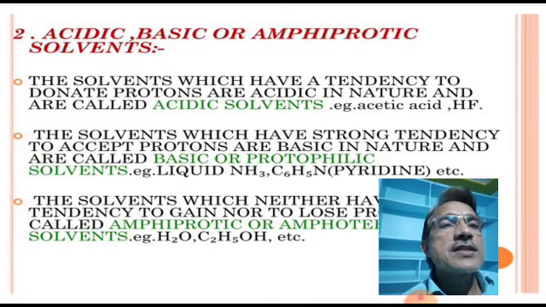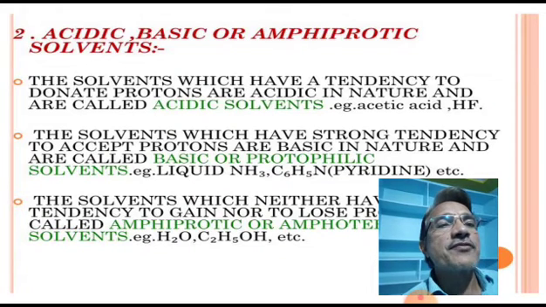The solvents which have a tendency to donate protons are called acidic solvents. Example, acetic acid CH3COOH, hydrogen fluoride HF, etc. Acetic acid and hydrogen fluoride have a tendency to donate protons. Therefore, they are called acidic solvents.